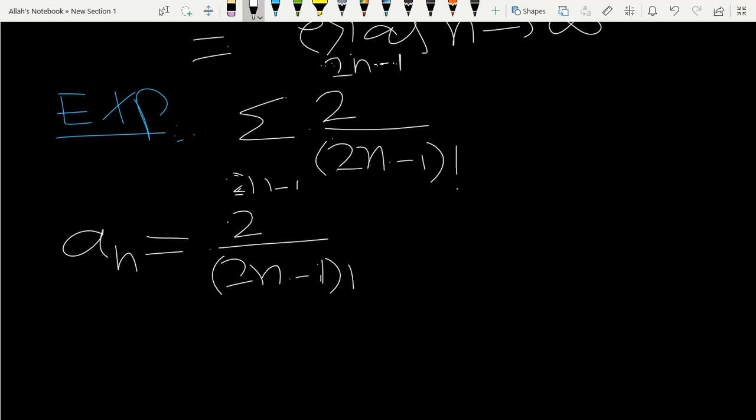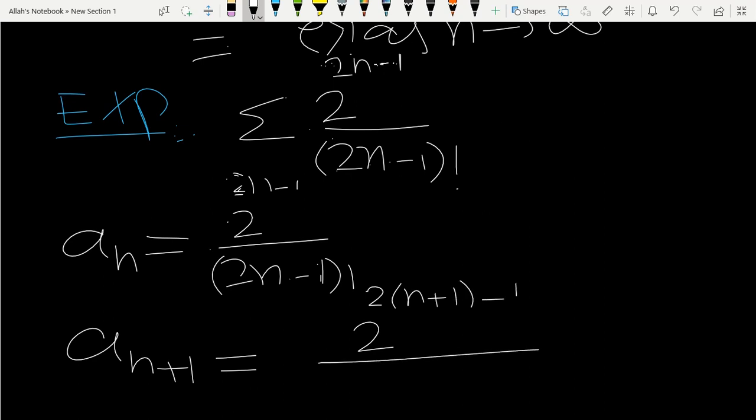Okay, so a_n is 2 raised to the power 2n minus 1 divided by (2n minus 1) factorial, and if I write a_(n+1), it will be 2 raised to the power 2(n+1) minus 1 divided by (2(n+1) minus 1) factorial.